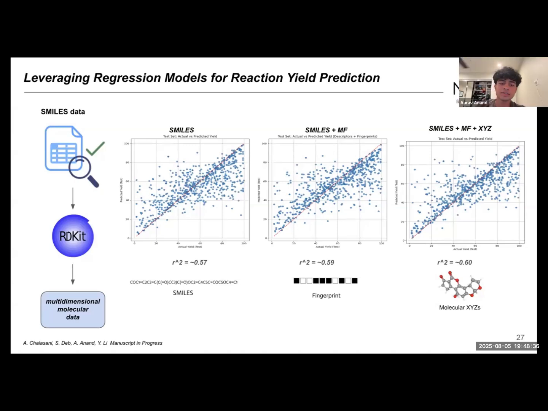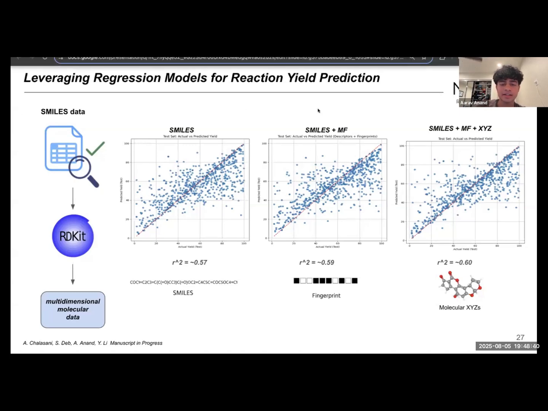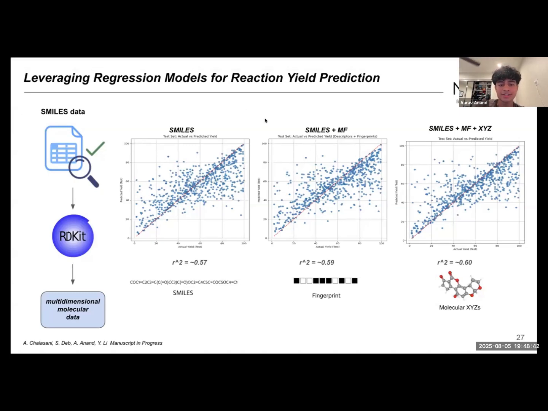So in other words, the significance of adding dimensionality to our data isn't reflected as much in our yield prediction regression models, simply because regression is difficult with open source noisy data. But it is very well represented in our classification models.